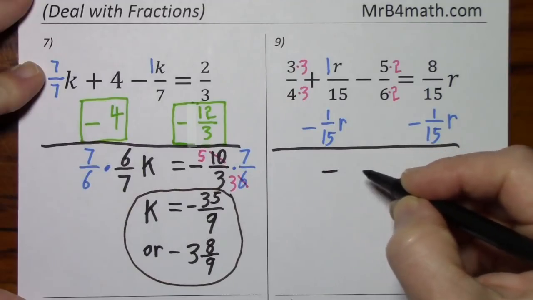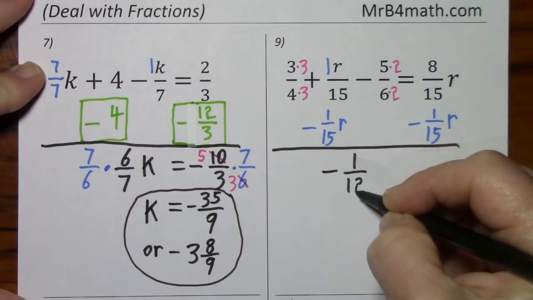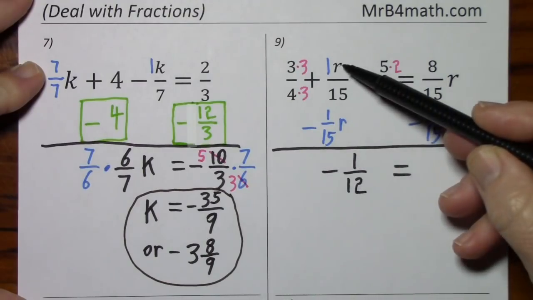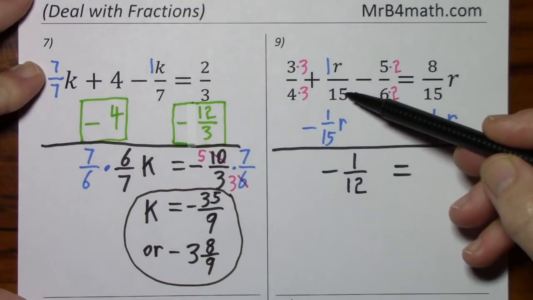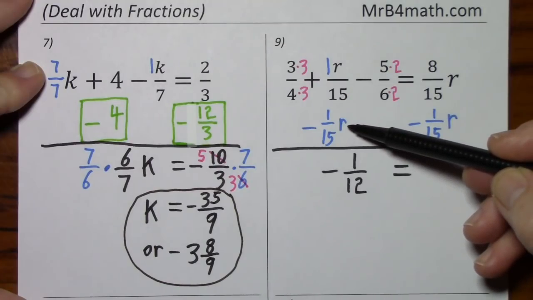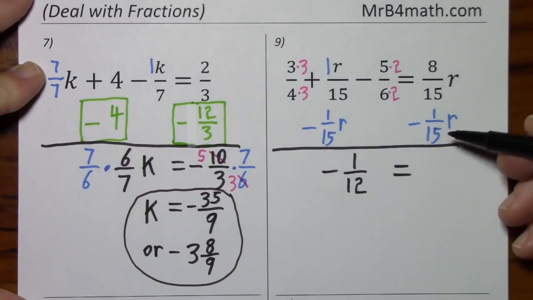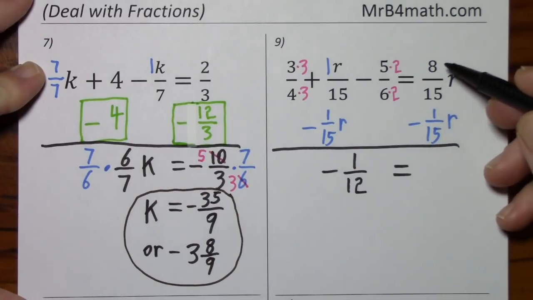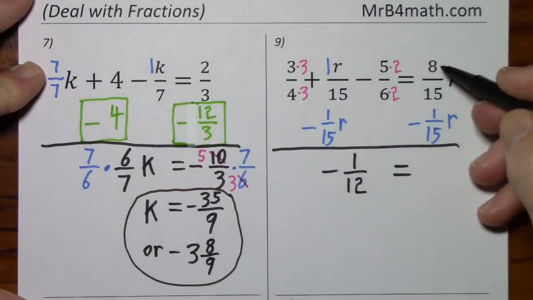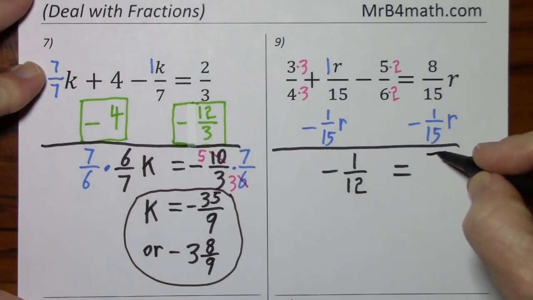That's negative 1/12. I'll emphasize that positive 1/15 r, negative 1/15 r gives you a 0, so you don't have to write it. On this side of the equal, subtract 1 from 8.